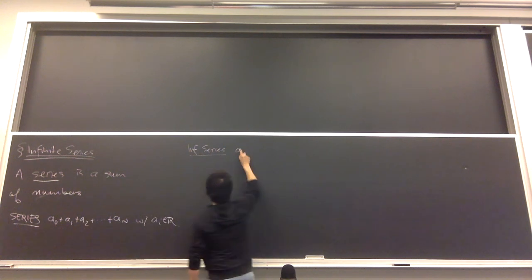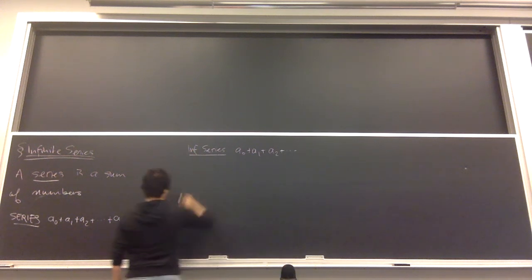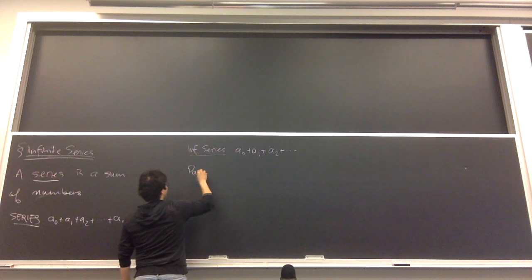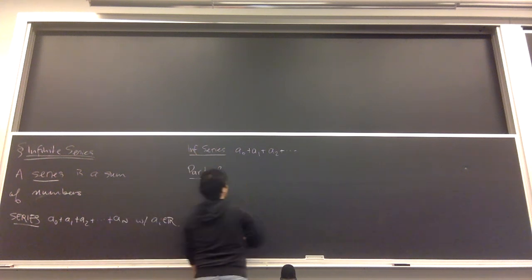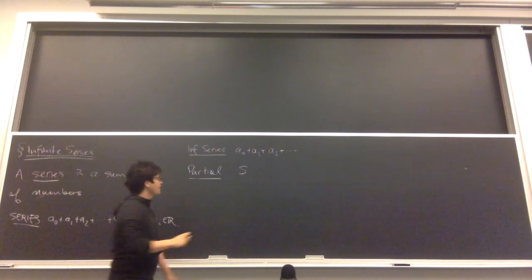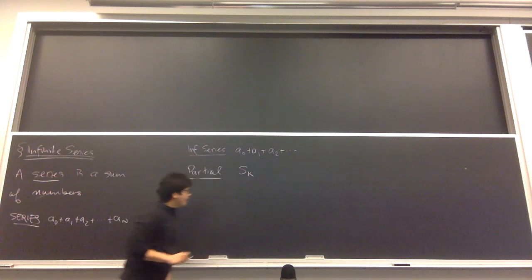Those are ones that just add on forever, and these are going to be of great interest to us. We can also have something called the partial sum. I'm just defining notation we're going to need for today. We use the term S to denote a sum, and if it's a partial sum, we usually put an index there.